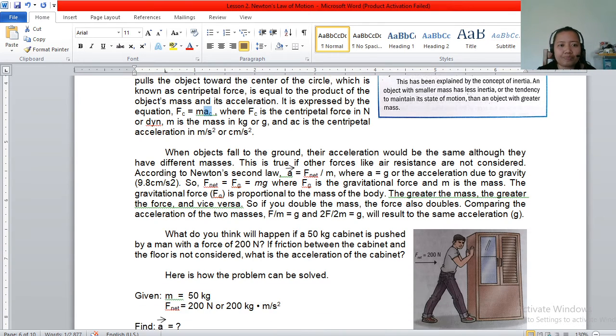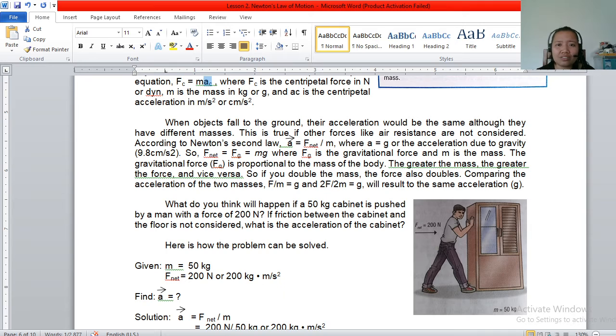Okay, let's proceed. When objects fall to the ground, their acceleration would be the same, although they have different masses. This is true if other forces like air resistance are not considered. So, when it's vertical, it means there is also acceleration, but based on the gravitational force. According to Newton's second law, our acceleration is equivalent to gravity.